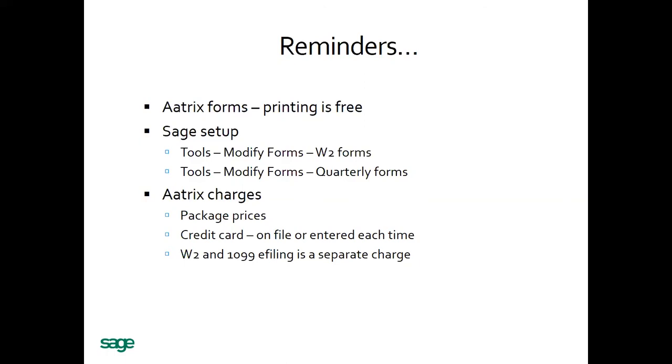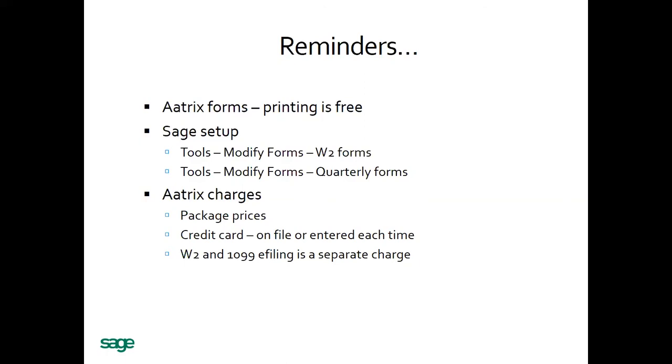Right. So what Aatrix is going to actually charge you for, if you decide to sign up for one of their package deals, which can save you quite a bit of money, is priced on a per employee basis, so however many employees you have, that's where your price is going to fall.